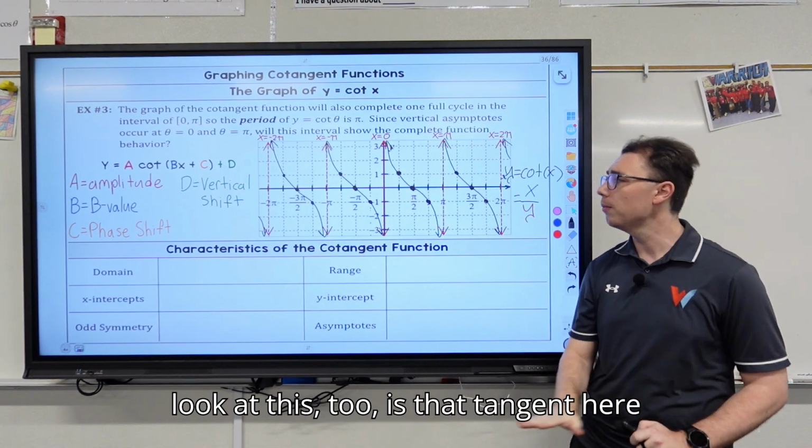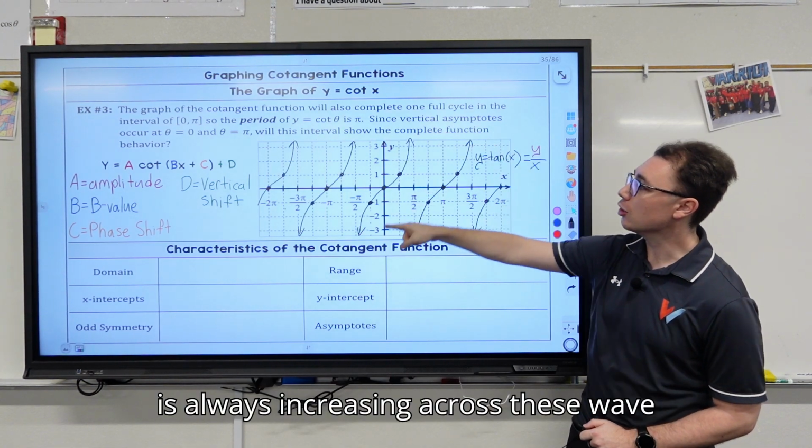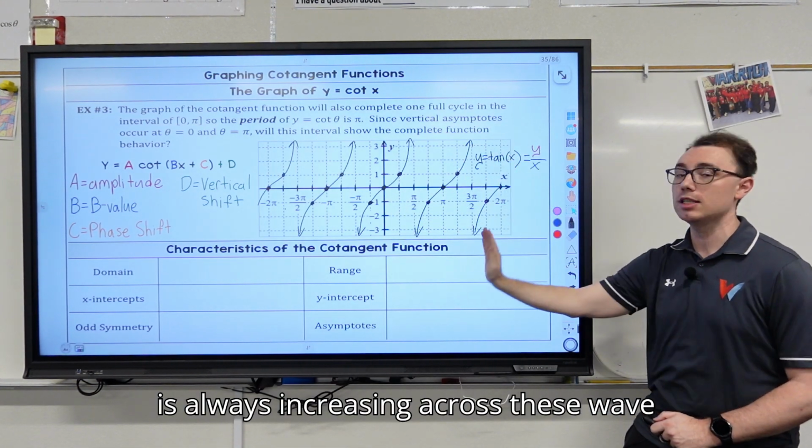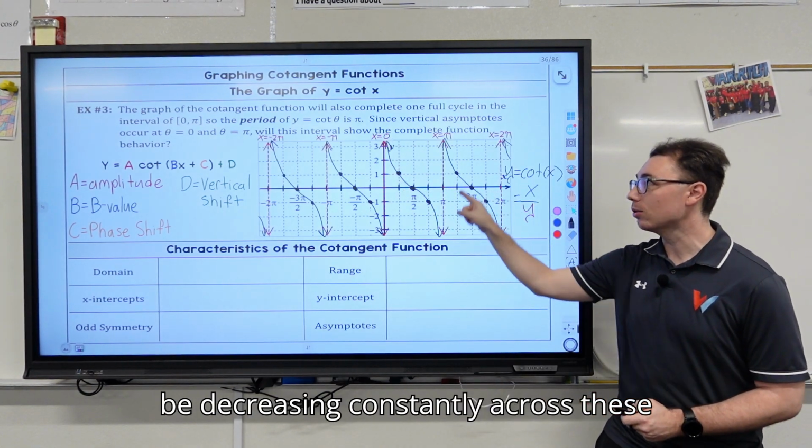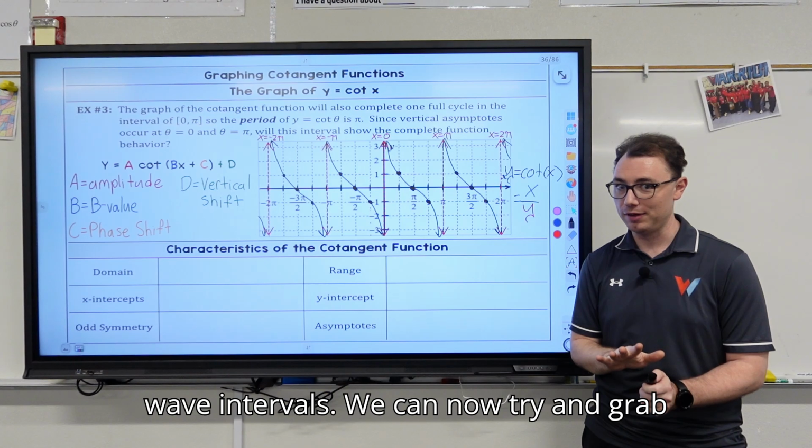Another way to look at this too is that tangent here is always increasing across these wave intervals, while cotangent is going to be decreasing constantly across these wave intervals.